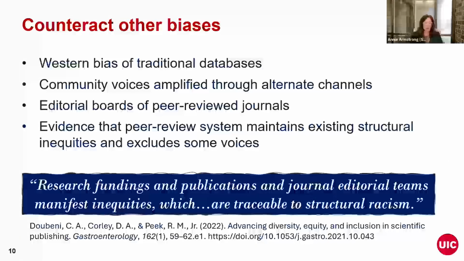Just to say a little bit more about this, there are biases in how editorial boards are comprised, who they're comprised of. There are biases in what type of research they will publish. In many cases, this is seen to maintain existing power structures and exclude newer voices in particular topics.